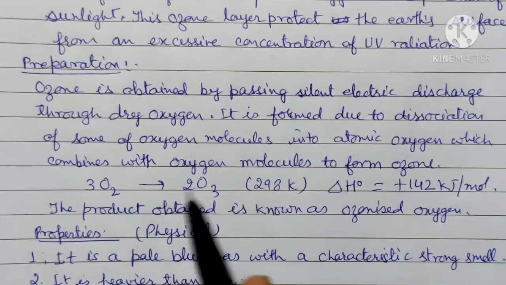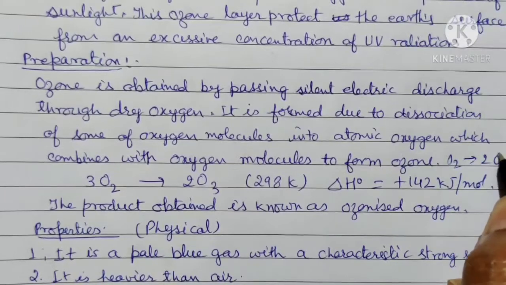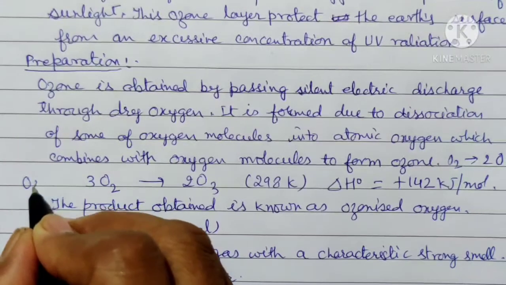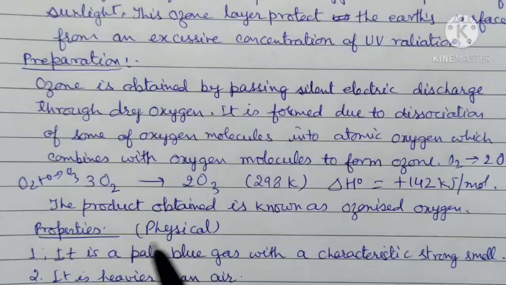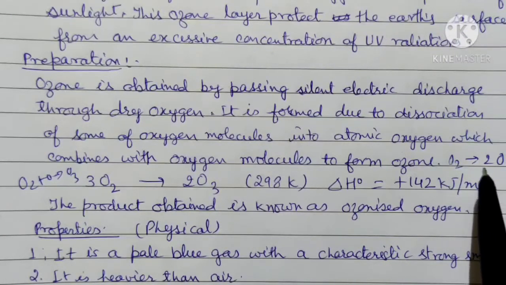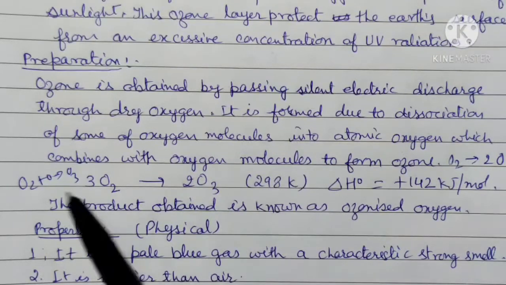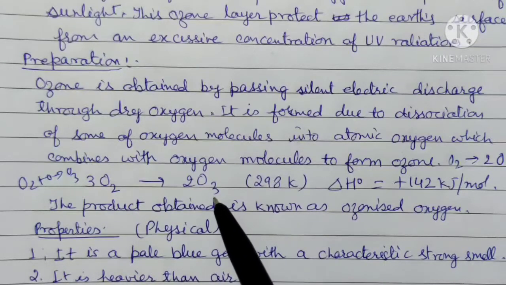Actually, the oxygen molecule O2 will decompose to form 2 oxygen atoms. Now these oxygen atoms again combine with oxygen: O2 plus O forms O3. In this way there is a formation of ozone.